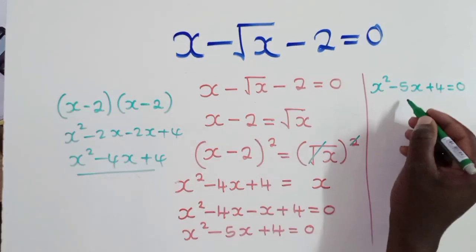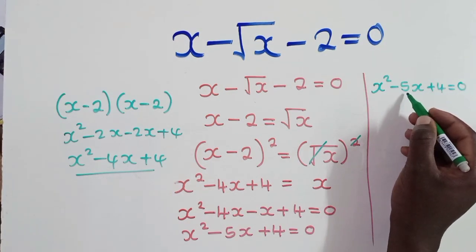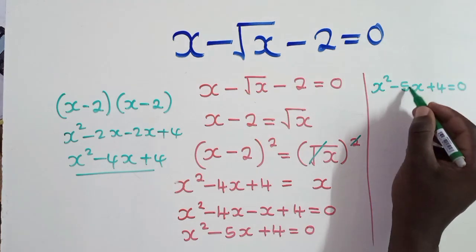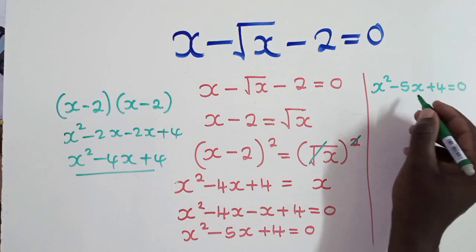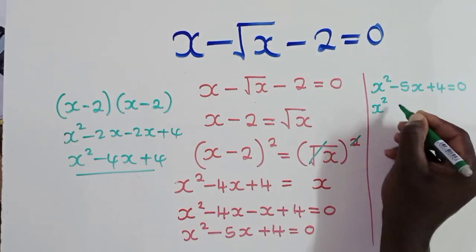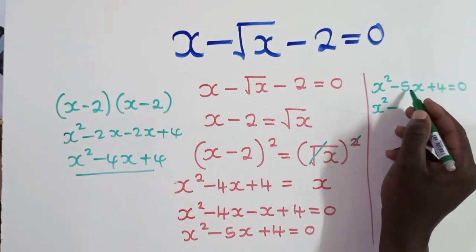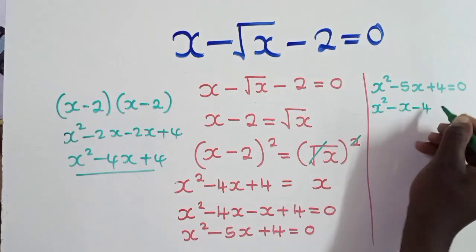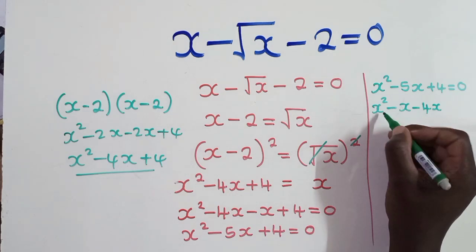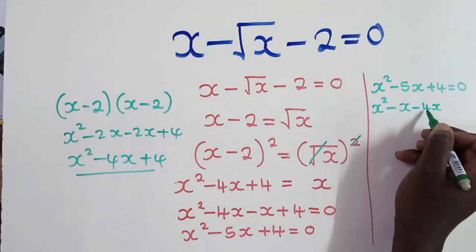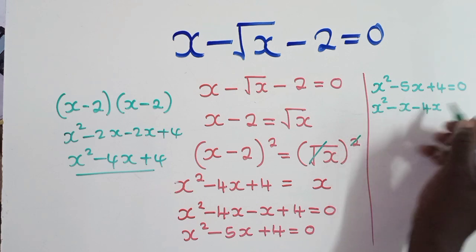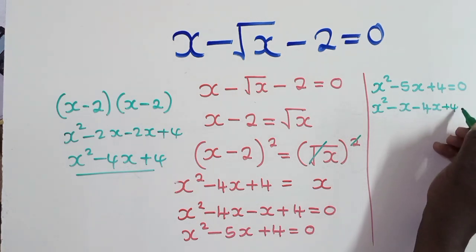Here we need to find two numbers such that when we multiply them, they give us 4, and when we add them, they give us negative 5. So we shall have negative 1 and negative 4. So here negative 1, sorry, negative 1 minus 4x, because the factors are negative 1 and negative 4, and write back this.